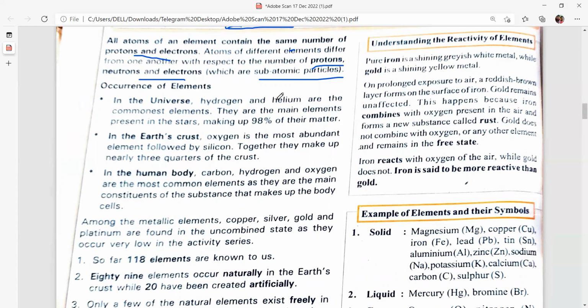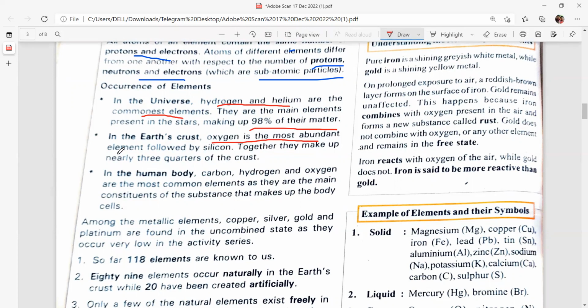Okay. Good. In the universe, hydrogen and helium are the commonest elements. The most found elements in the universe are hydrogen and helium, about 98%. But in the Earth's crust, oxygen is the most abundant element, and second is silicon.